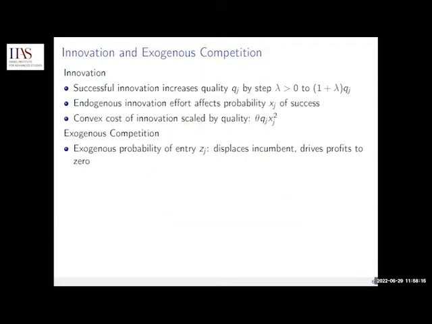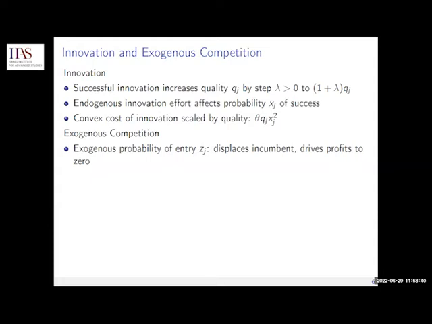Okay, so innovation is really the same as what I showed you before. Successful innovation is going to increase that quality, right? And it's going to increase it by a step lambda, just like I showed you before. So before, that was that iota that I had in the previous one.